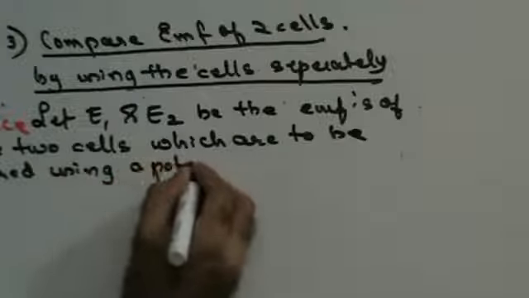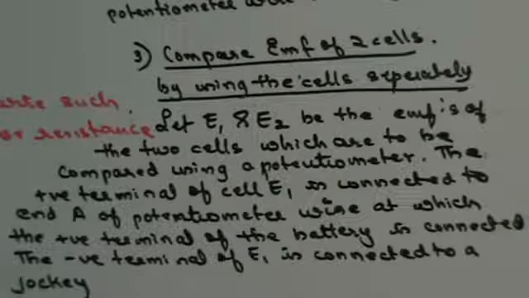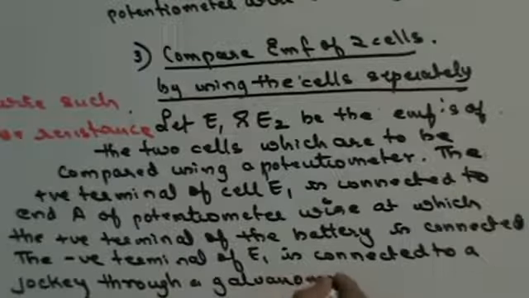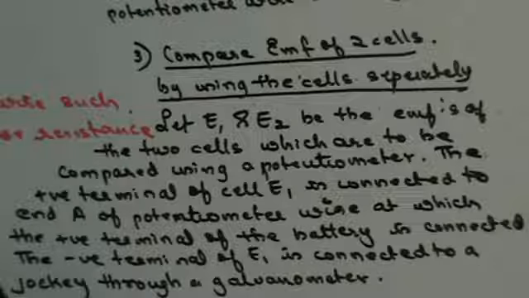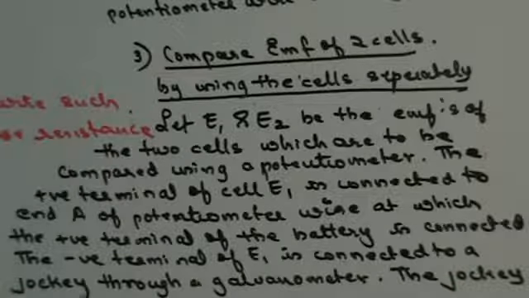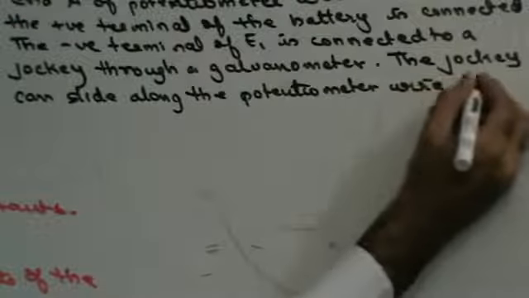Fine. Now, the negative terminal of the cell E1 is connected to a jockey through a galvanometer, right? Now the jockey can slide along the potentiometer wire AB.